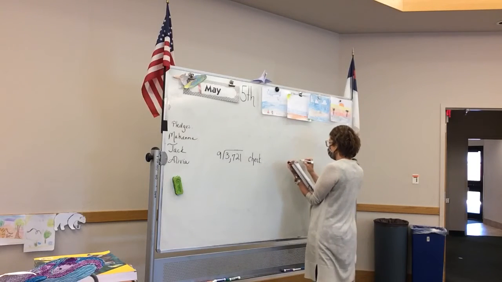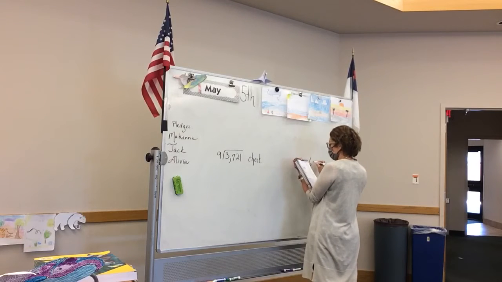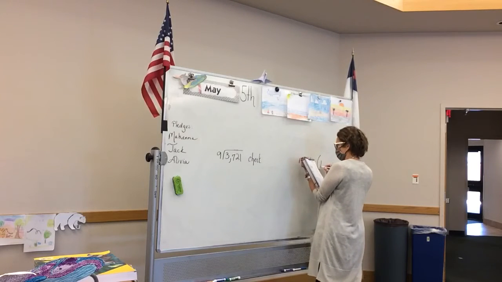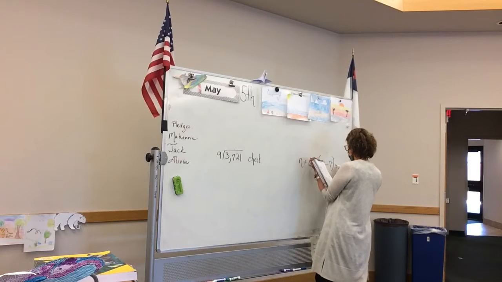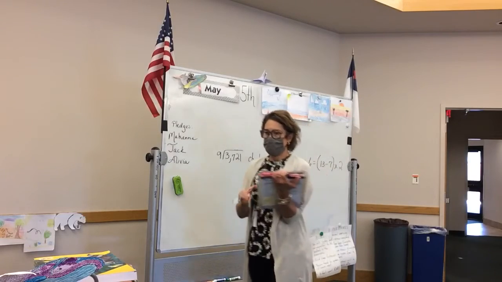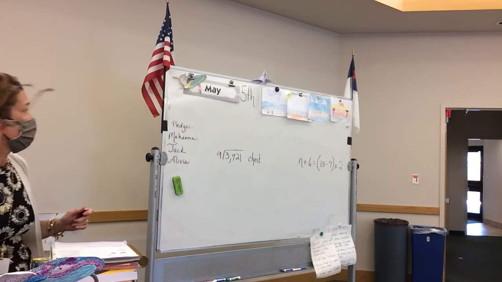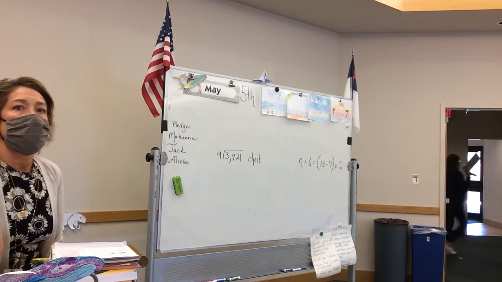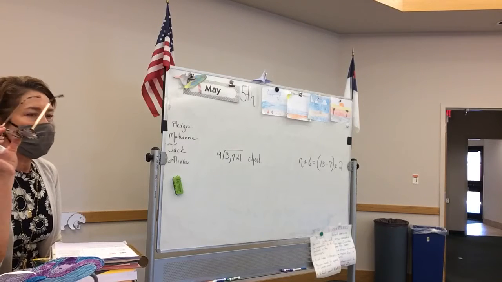We haven't done this in so long. The mystery letter. Ooh, this is interesting. Who would like to do the long division? Jonathan. Who wants to do the mystery letter? Wensheen.